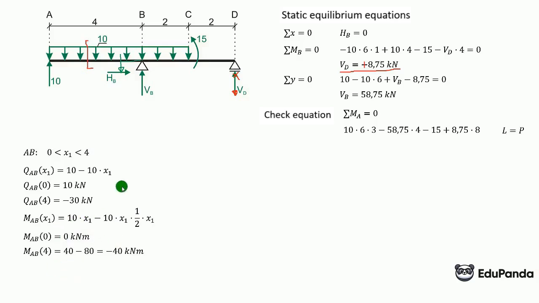Let's do the second interval, which is x2 from 4 to 6 meters. In this interval, we encounter one additional thing, which is the reaction VB and HB, but that equals 0, so we still do not see the entire distributed load, only part of it.